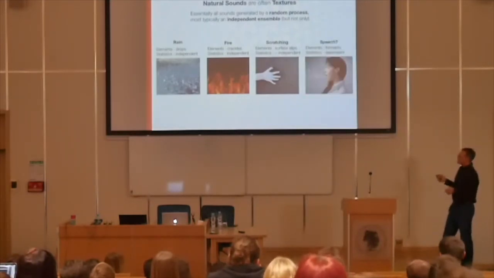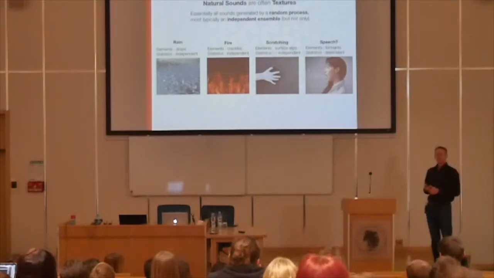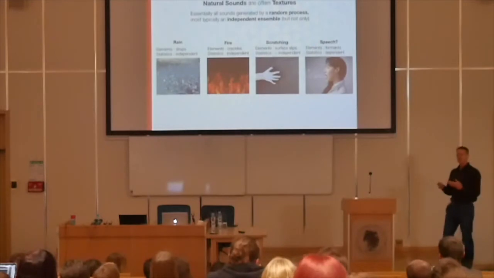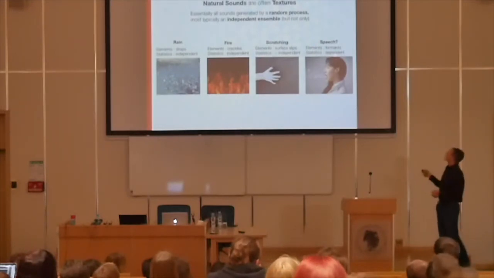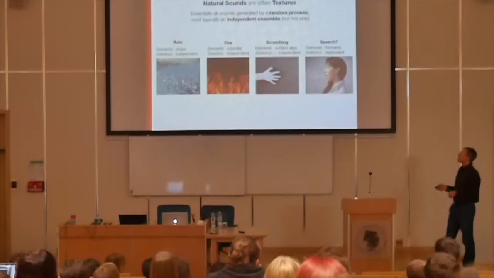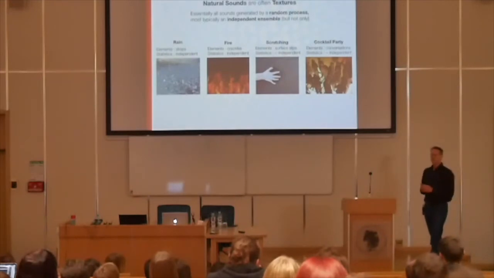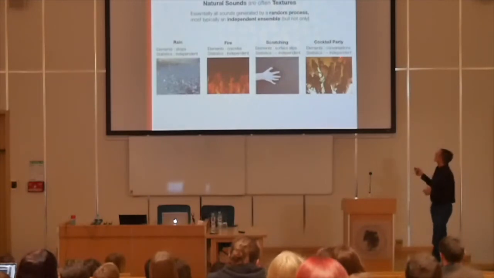Last, speech. Speech is actually not a good example of a texture because there are a lot of strict dependencies between the elements of speech that make it quite dependent in terms of its statistics. On the other hand, one of the most classical examples studied in auditory neuroscience, the so-called cocktail party that you will also enjoy tonight, is where a lot of speakers are speaking together.